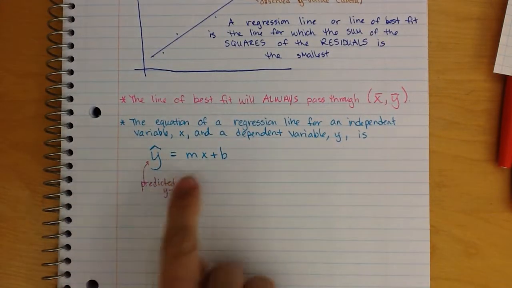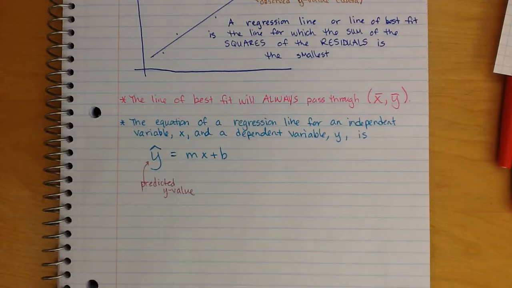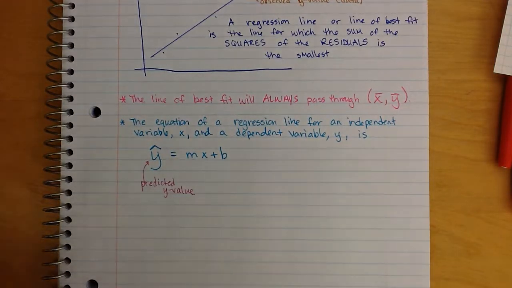So we just need to figure out how to find m and how to find b. Sounds simple enough.